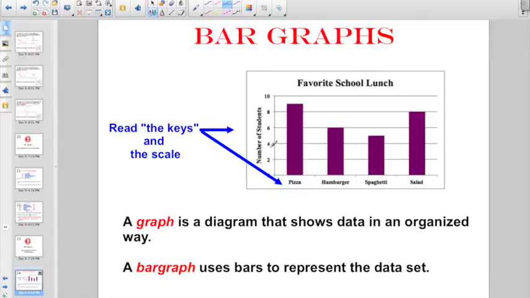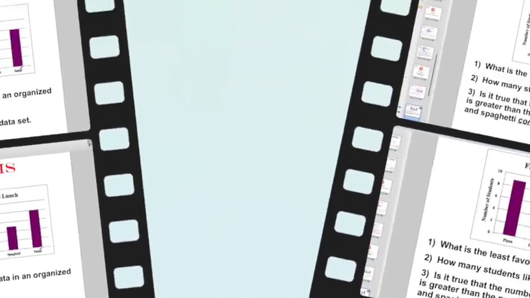Make sure it looks like our lines are going up by 2s this time, right? My title is trying to tell us what kids' favorite school lunches are. This is the number of students and pizza, hamburger, spaghetti, salad. I don't run into too many 5th graders who don't know their way around a bar graph.